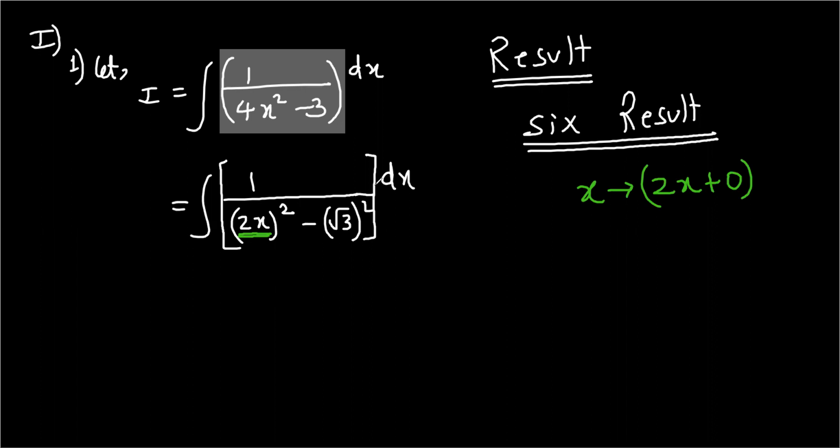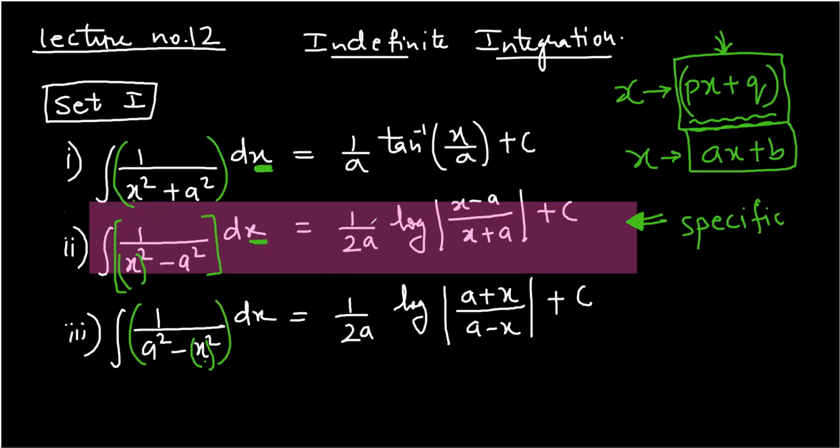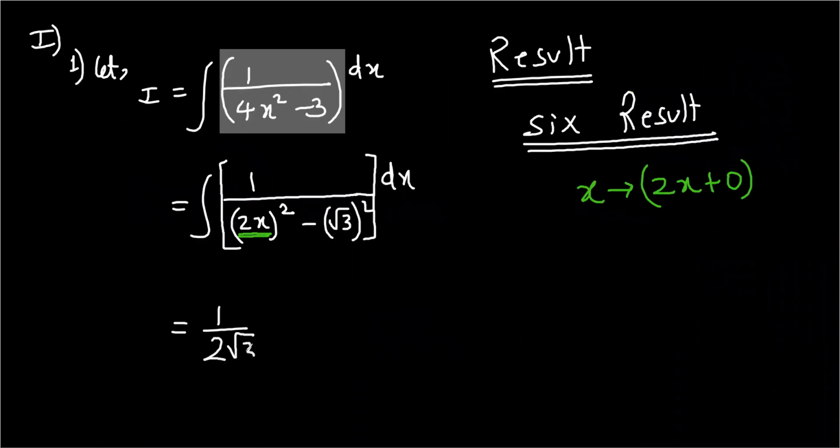Okay, so see what will be the answer. The answer is 1 over 2a, you can check here, 1 over 2a log of variable minus constant upon variable plus constant. So here I write 1 over 2a, a is root 3, log of variable minus constant.